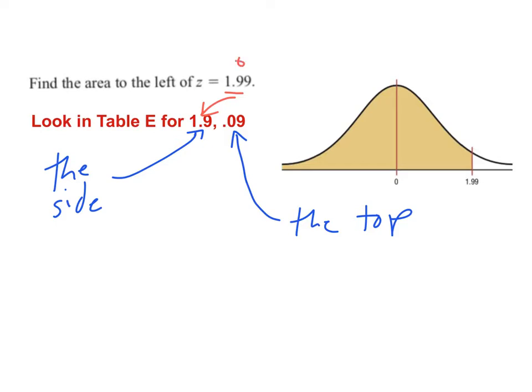Then I'm taking the 0.09, and that's on the top. And just run over, line them up. 1.9 on the side, 0.09 on the top, match them up and find that value. Okay, so do that now, and then write it down, and that's your answer. Okay?